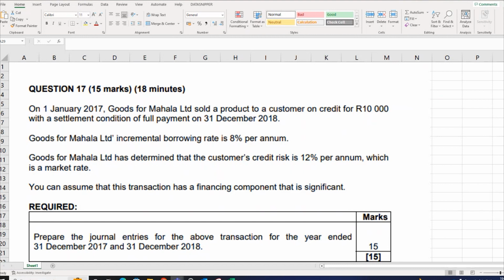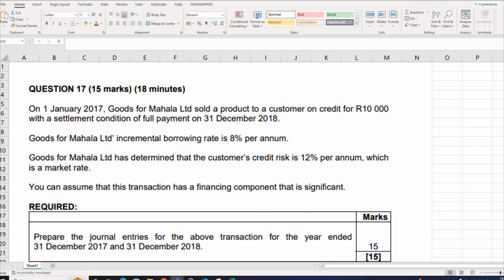Okay, so from doing this learning unit of revenue, one thing that you would have learned is that there's a 5-step process for revenue recognition. So, the core objective of revenue is to recognize revenue in a manner that depicts the transfer of promised goods and services and not merely when the cash has been received.